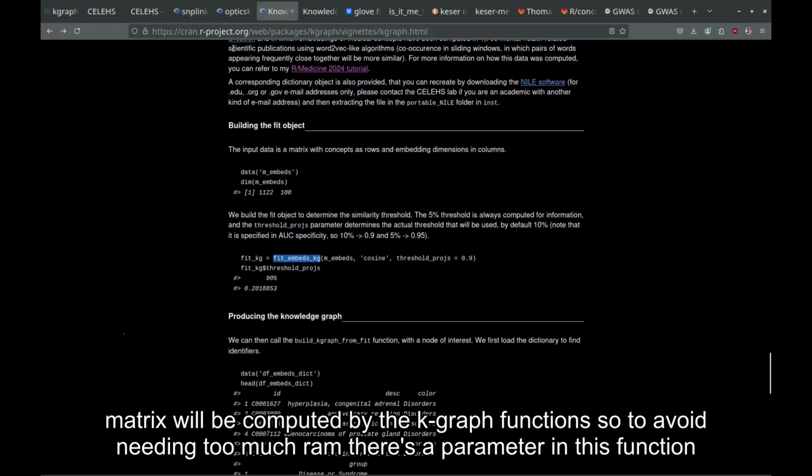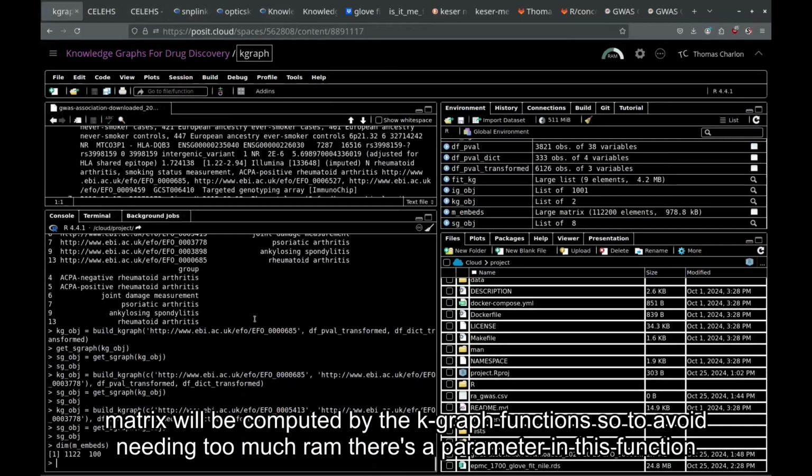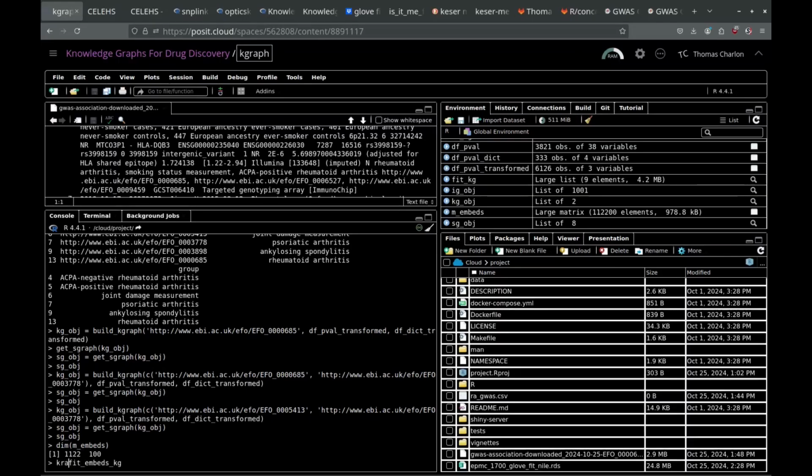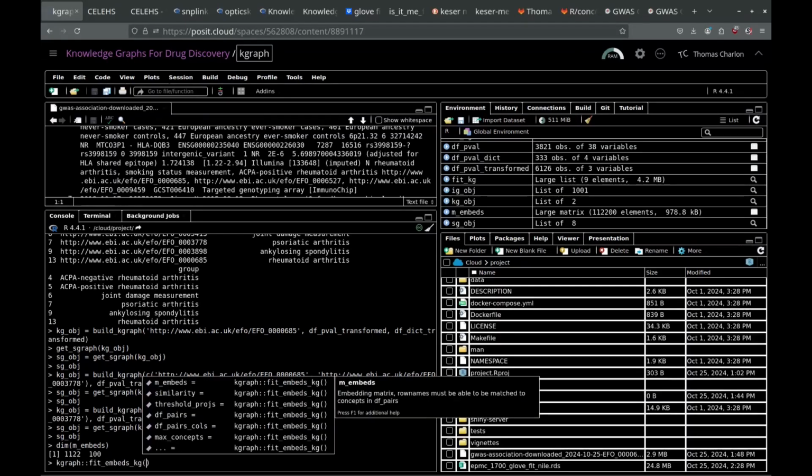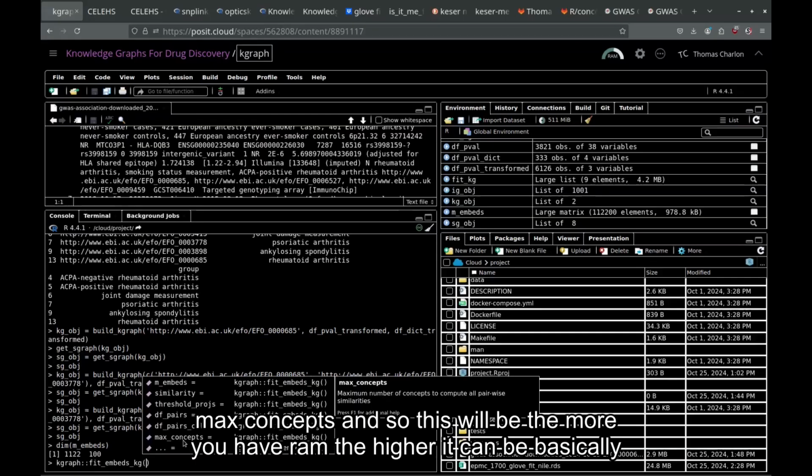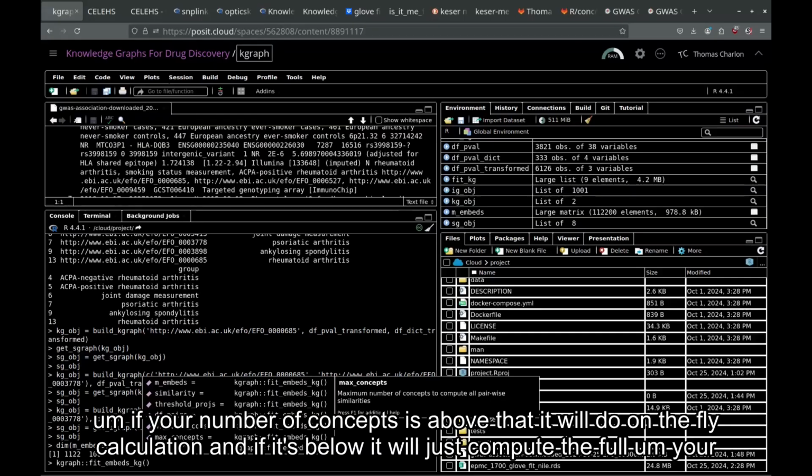So to avoid needing too much RAM, there's a parameter in this function, max concepts. The more RAM you have, the higher it can be, basically. If your number of concepts is above that, it will do on-the-fly calculation.